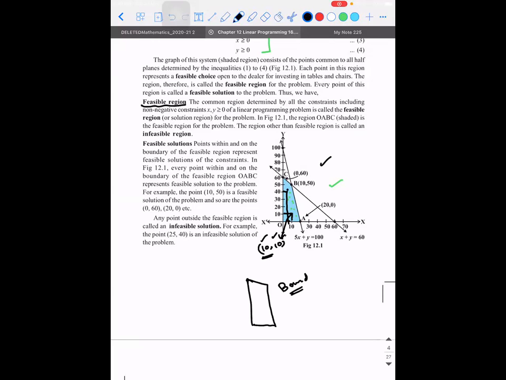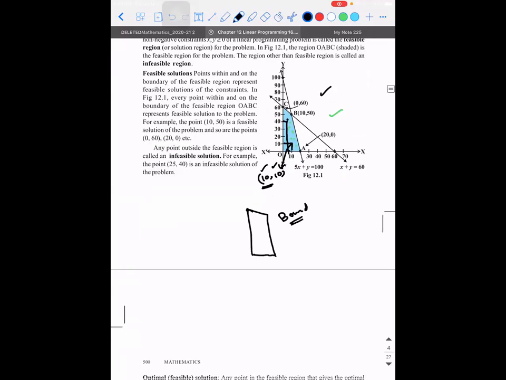So when this comes, how are we going to limit our thought process to find the profit? What are all the points we will take into consideration to verify whether he is making profit or not? So I have points on the x-axis and y-axis within that shaded region, right?